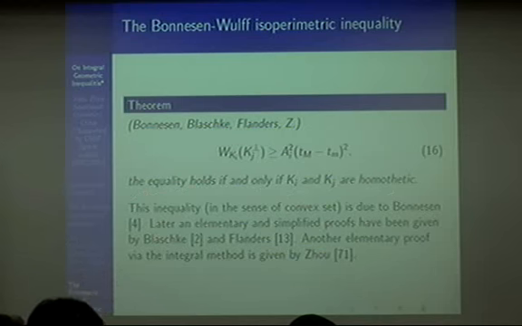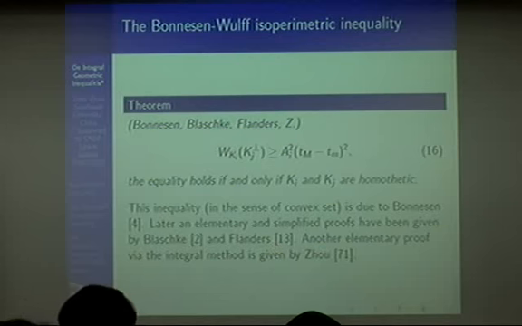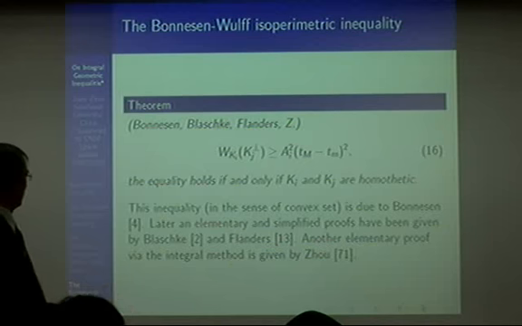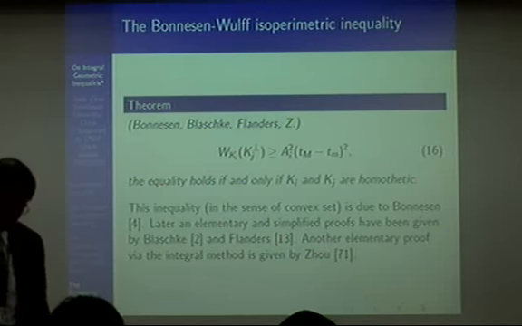Okay, this inequality in the sense of a convex set is due to Bonnesen. Later, an elementary and simpler proof has been given by Blaschke and Flanders. So another elementary proof via integral geometry. Integral geometric method is given.